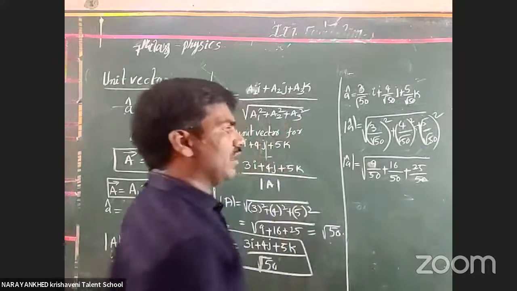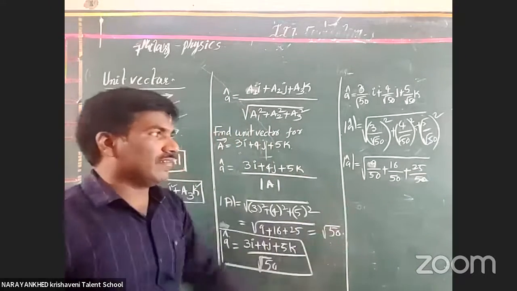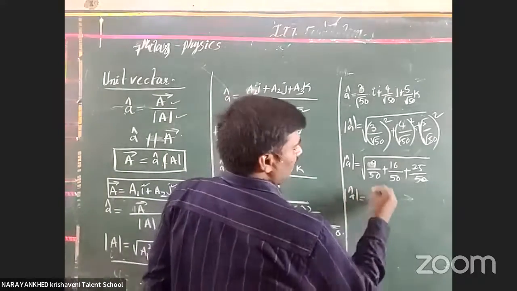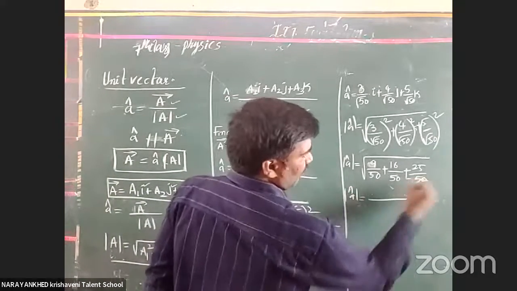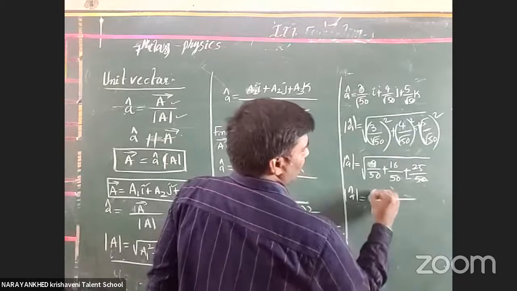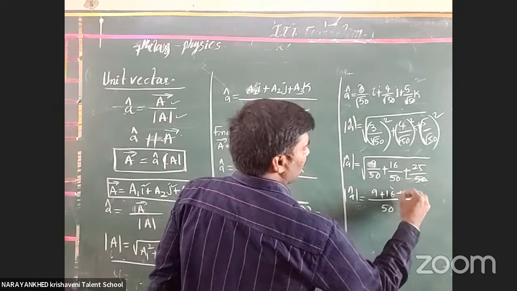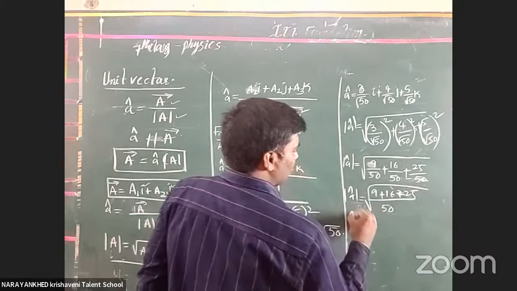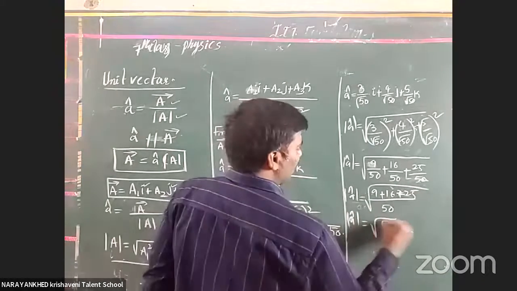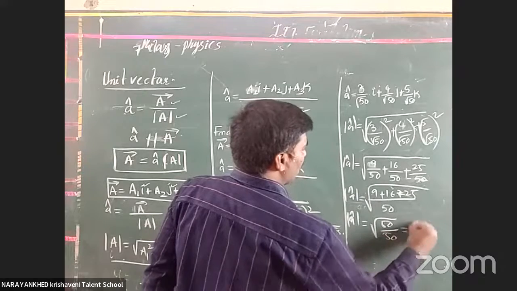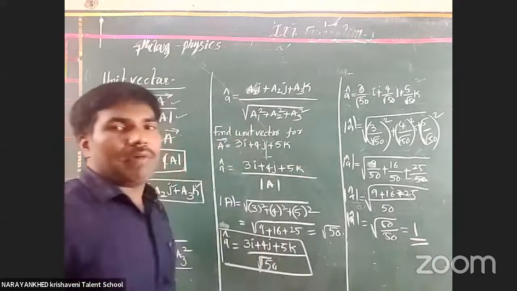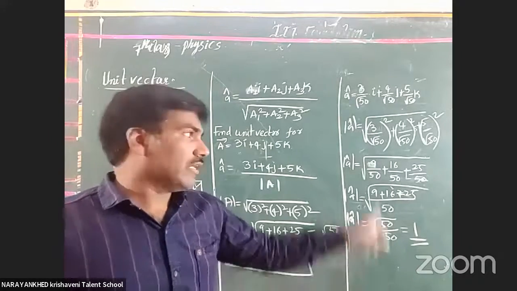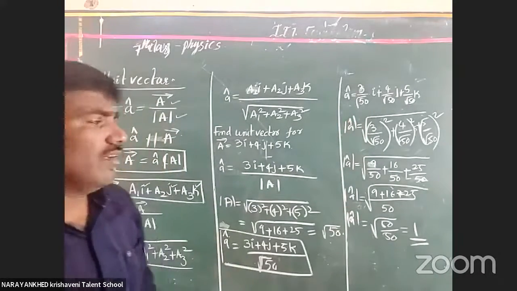In this way, 50 is common everywhere, so we have 9 plus 16 plus 25, under root of 50 by 50. That is equal to 1. So the magnitude becomes 1 for a unit vector. Got it or not? In this way, we have taken it.